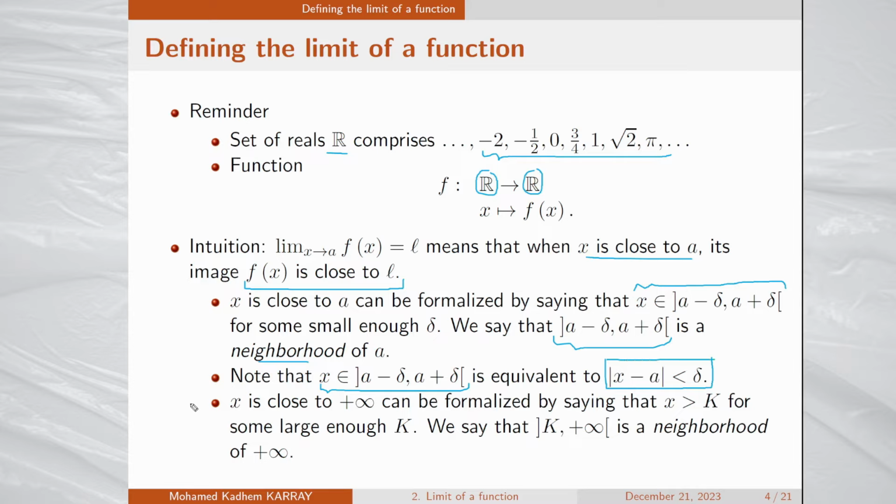On the other hand, x is close to infinity can be formalized by saying that x is larger than k for some large enough k. We say in this case that the interval k plus infinity is a neighborhood of plus infinity.